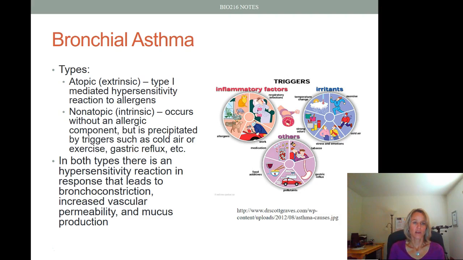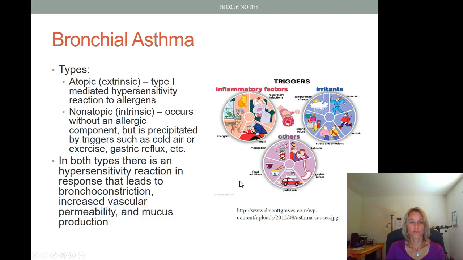So let's look at the two different types of asthma. Atopic or extrinsic asthma is mediated by a type 1 hypersensitivity reaction to allergens. So pet dander, pollen, dust mites, things like those can trigger an atopic or extrinsic asthma attack.